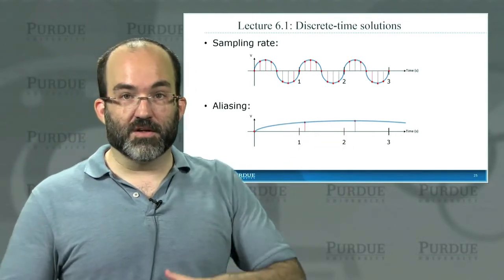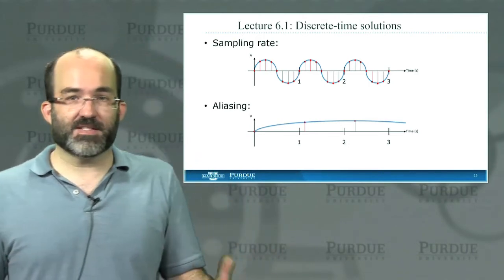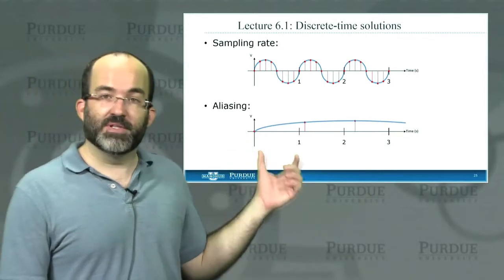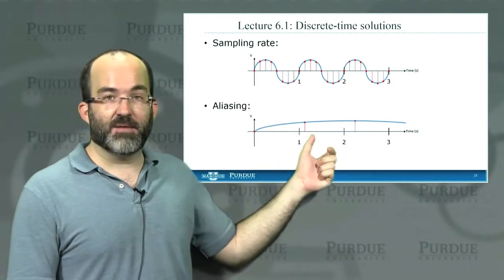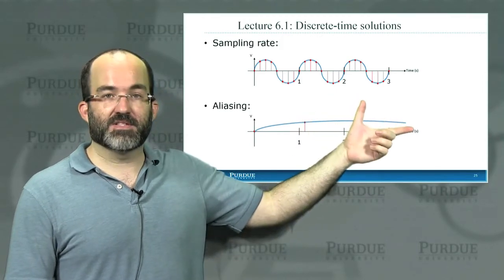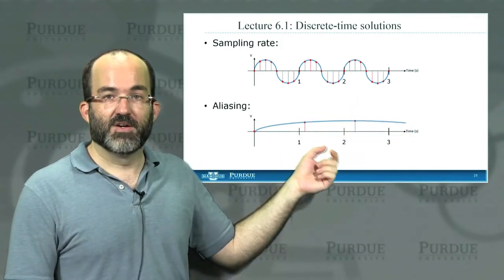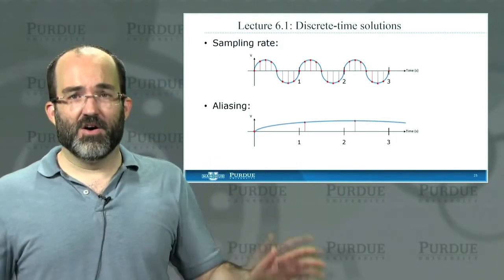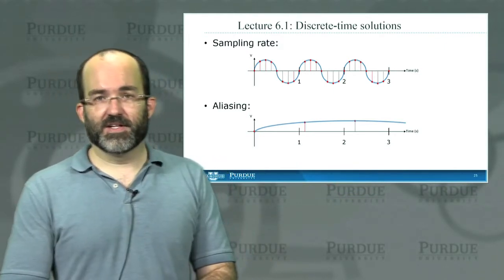Our output would look lovely. We would plot it. We would see a sine wave, and we would go, ah, that's great. And it would turn out that our answer would be completely wrong. And we call this phenomenon of undersampling and reflecting a higher frequency signal as a lower frequency signal aliasing. And aliasing happens in all sorts of different interesting areas.